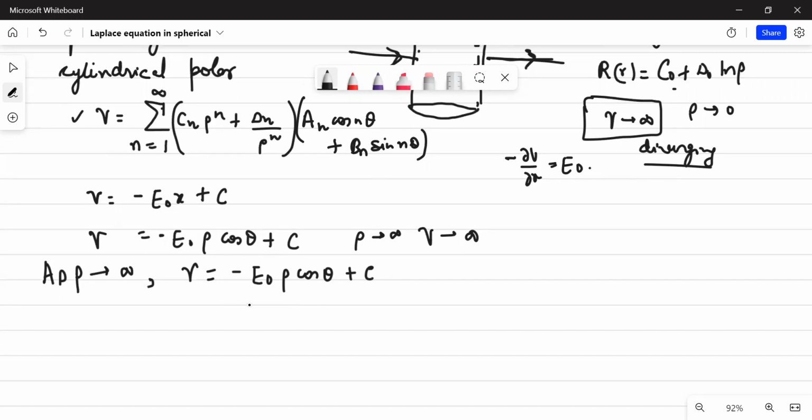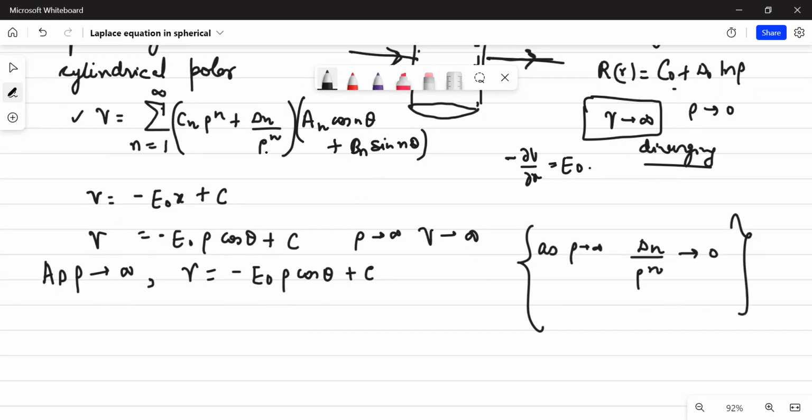Is that clear? Now if I take rho tends to infinity, this term will go to 0. I'll write it here. As rho tends to infinity, the term d_n upon rho raised to power n would go towards 0.